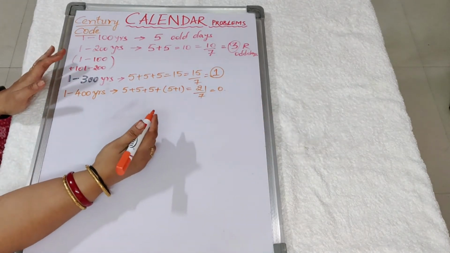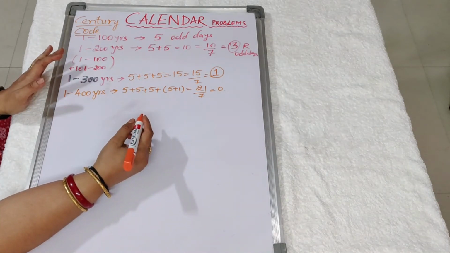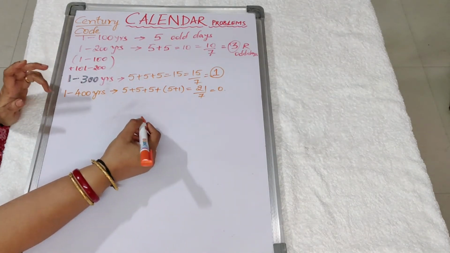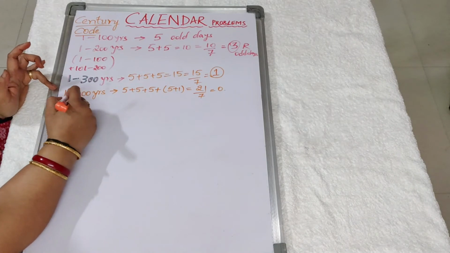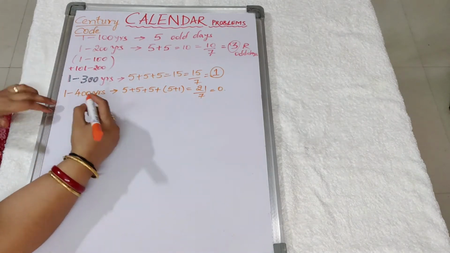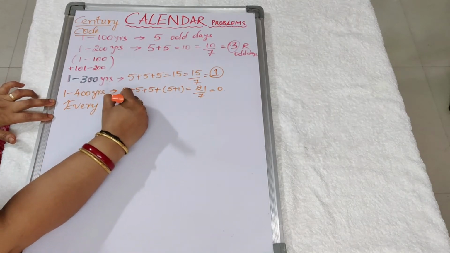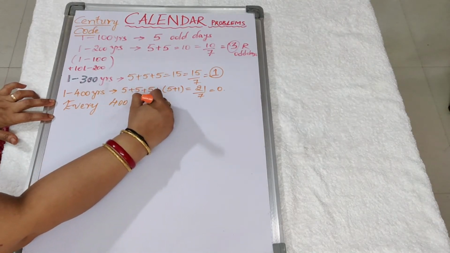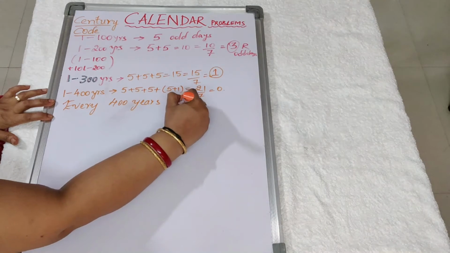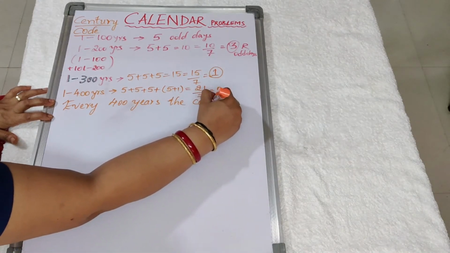So it has 0 odd days. Am I right? Therefore, we can derive from this that every 400 years, the calendar restarts.